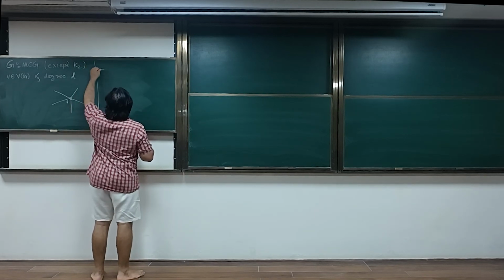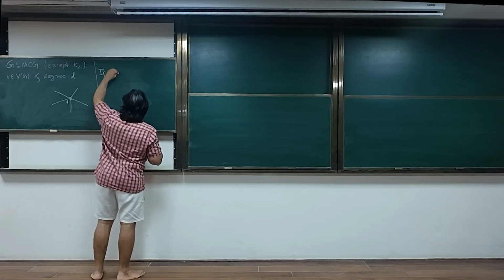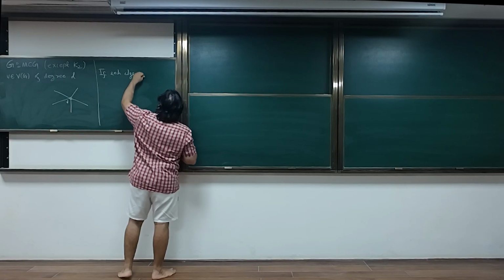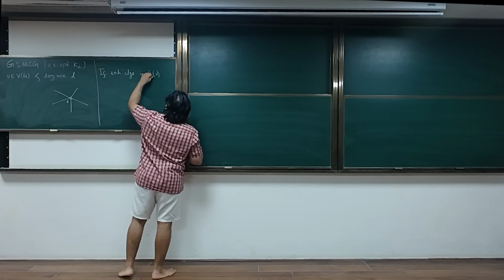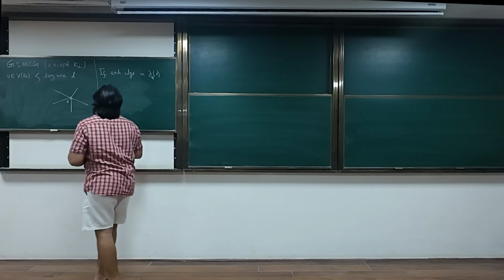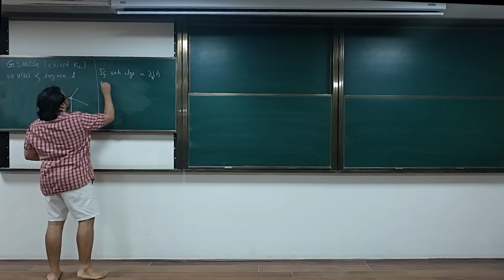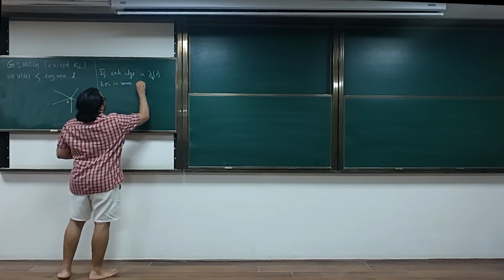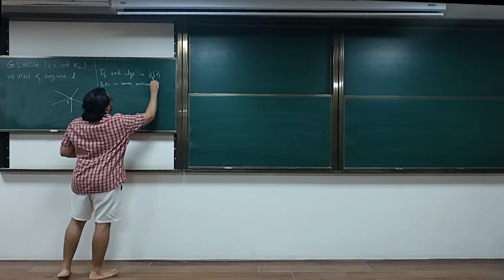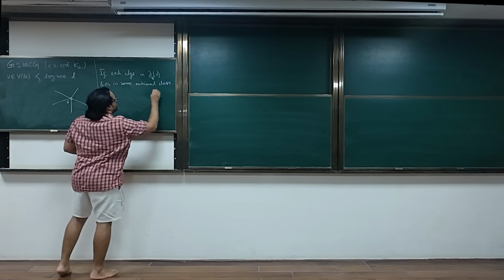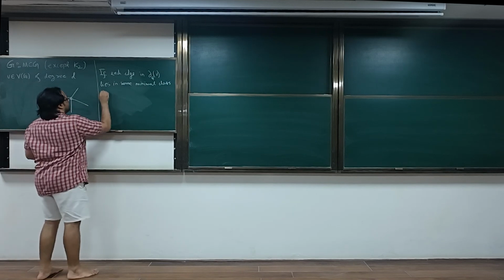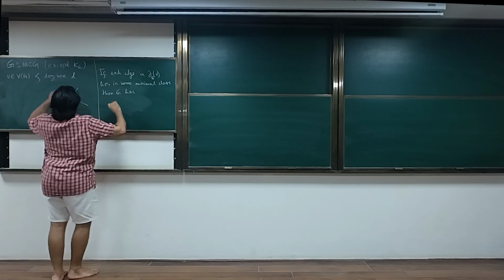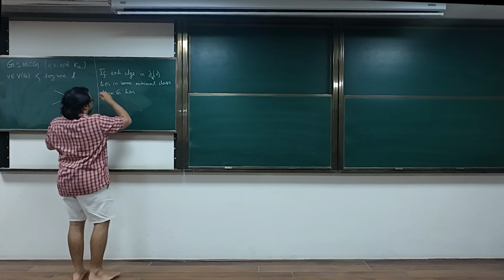Observe this. If each edge in partial of V lies in some minimal class, then I would like to claim then G has, in fact for this argument I did not even have to exclude K2, but anyways fine, K2 is annoying.